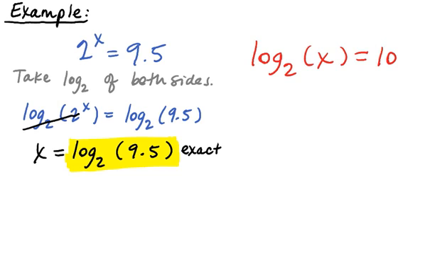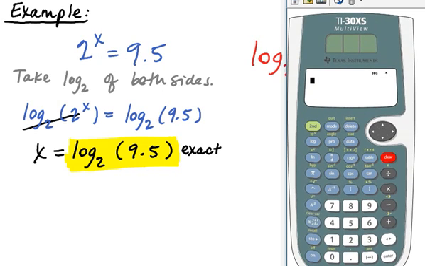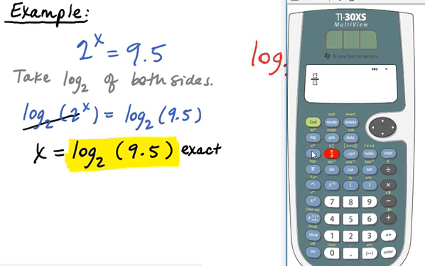So I'm going to bring in the scientific calculator over here, and I'm going to calculate log base 2 of 9.5. Remember that we do that by setting up a fraction bar. We can do either the base 10 log or the natural log. It doesn't really matter. 9.5 divided by the same type of log of the base.